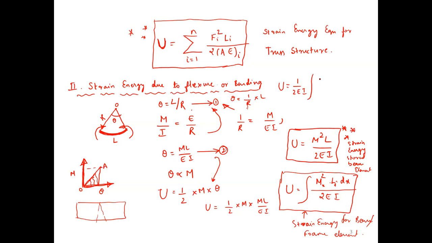Moment is nothing but the second order derivative. Slope is first order: dy by dx is slope. Then d square y by dx square is the second order. This is the bending moment, into d square y by dx square, squared, into dx.